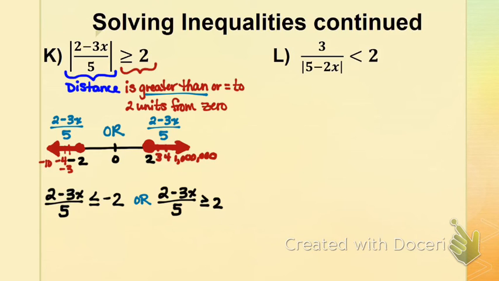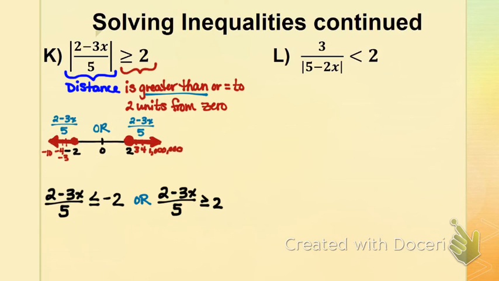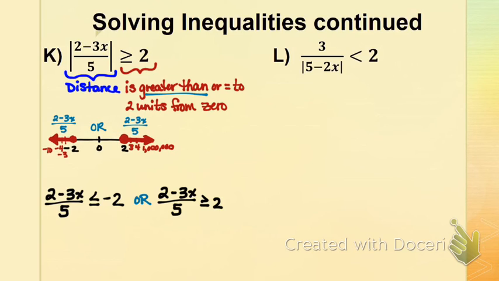What's the first thing I would want to do to solve this? Multiply both sides by 5, yes. So I'm going to times this by 5, times this by 5. I'm going to do the same thing over here, because my process stays the same. So times them both by 5, my denominators will cancel out.